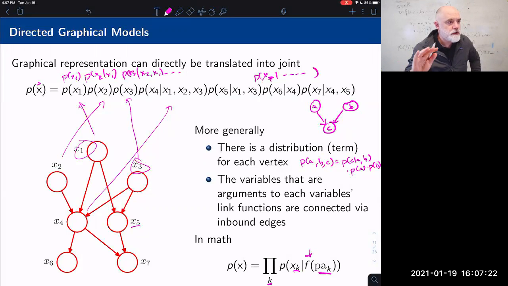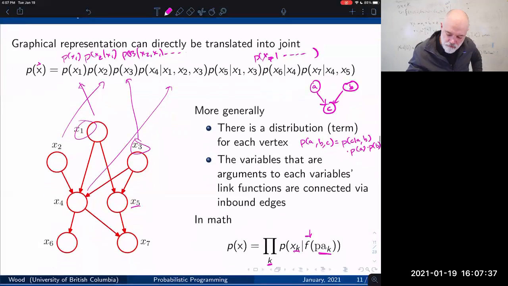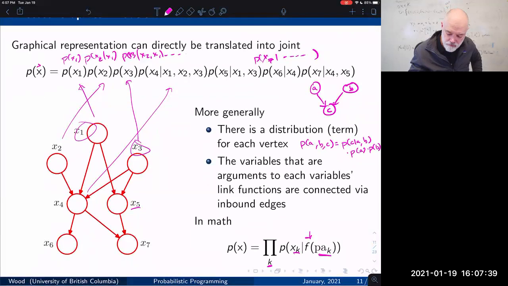So if we don't know the value of C, what's the relationship between A and B? Well, we can look at this and say, okay, if we don't know the value of C, we can integrate it out, right?